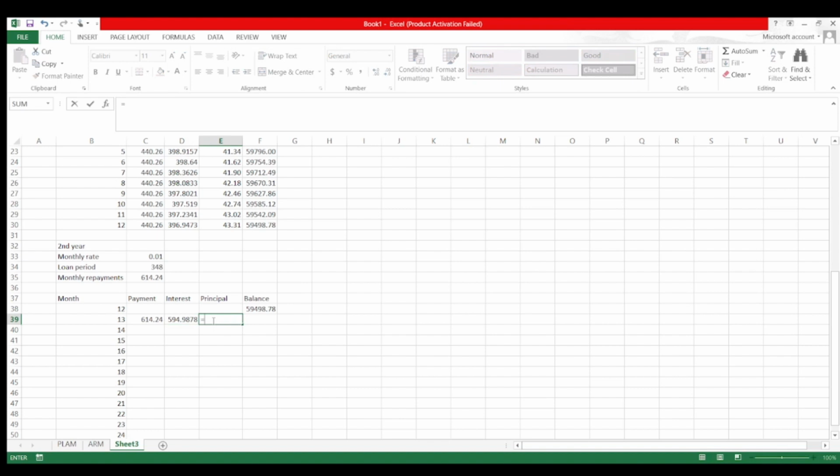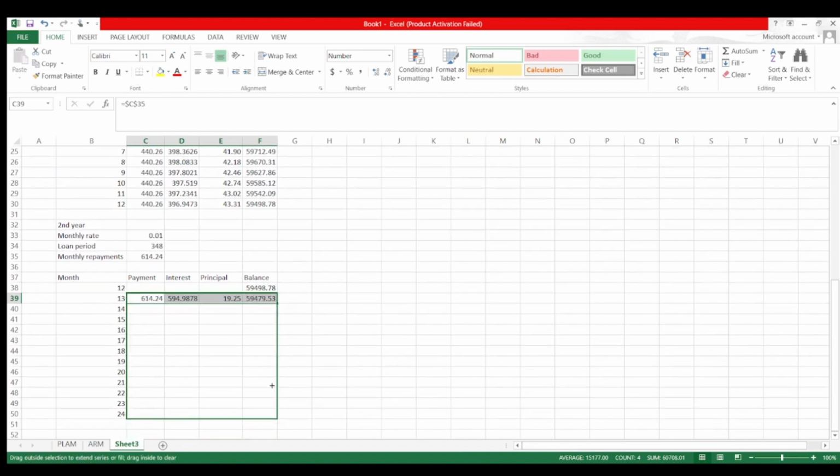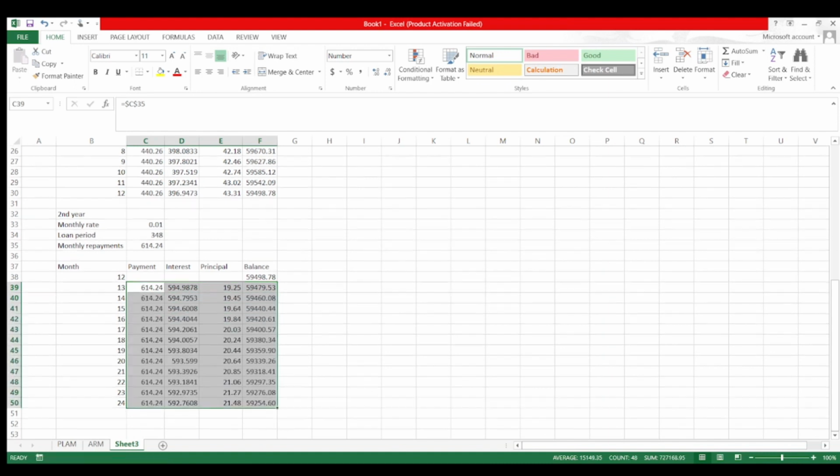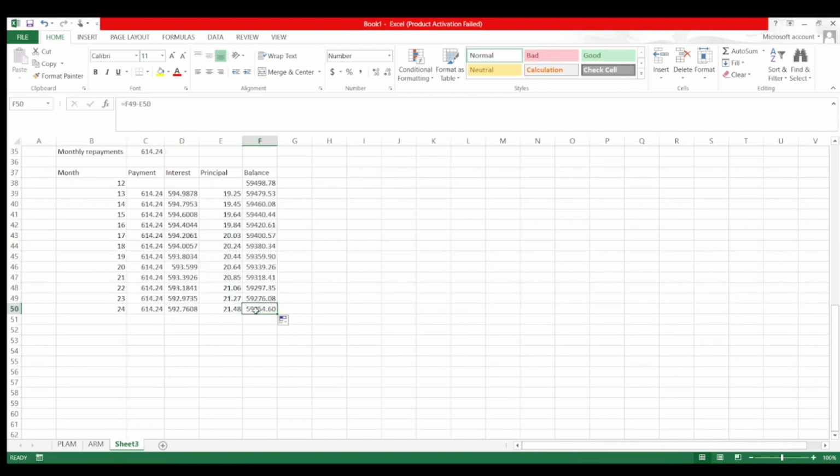So for the principal payment, we get that by subtracting the interest from the payment. Simply drag it down to the 24th month and you have your closing balance, the end of the second year.